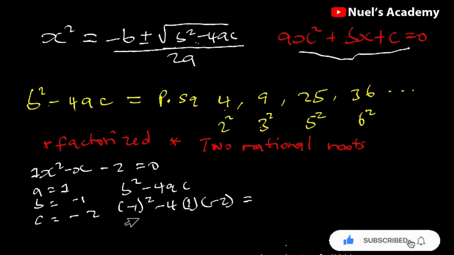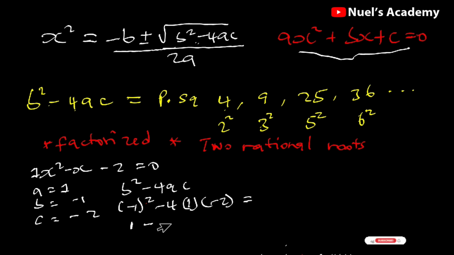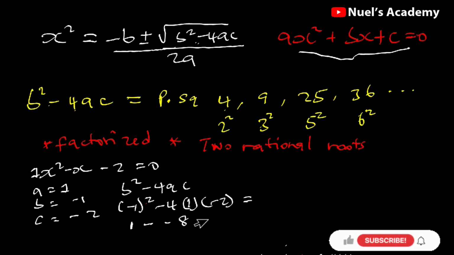Now, -1 squared is 1, then minus 4 times 1 is 4. 4 times -2 is -8. Then this implies that 1 minus minus is plus, 1 plus 8 is equal to 9. Now, as can be seen, 9 is a perfect square, and it implies that this quadratic equation can be factorized, and when factorized, it has 2 rational roots.